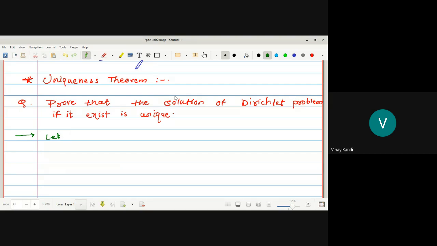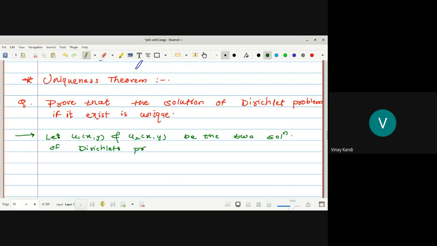Okay, so here let u1 of xy and u2 of xy be the two solutions of the Dirichlet problem.